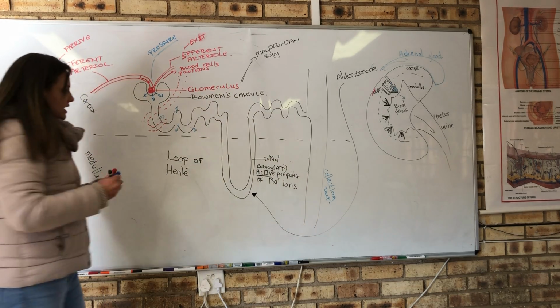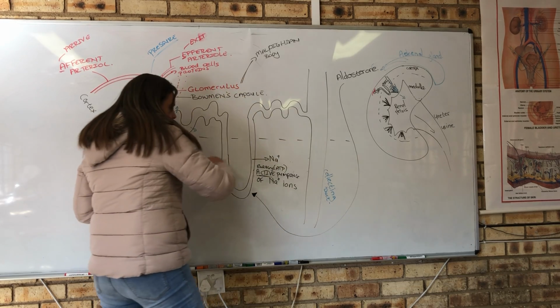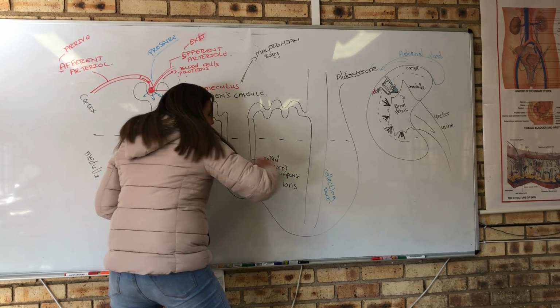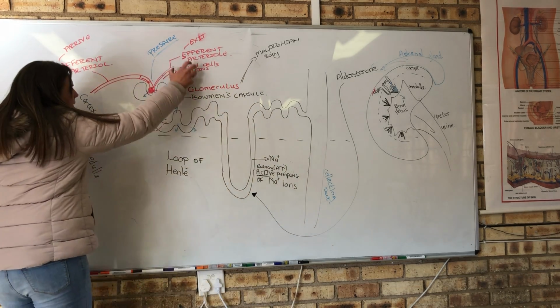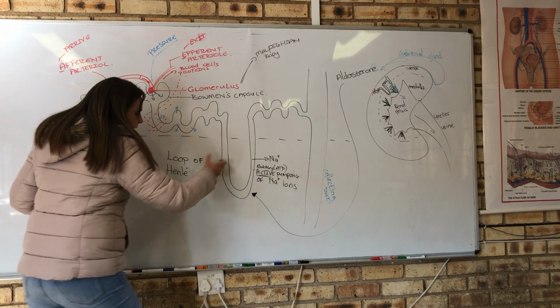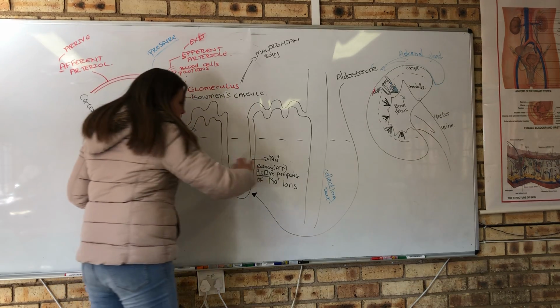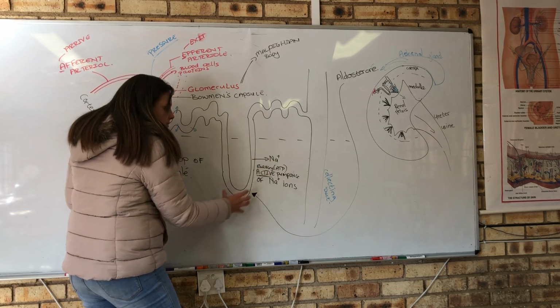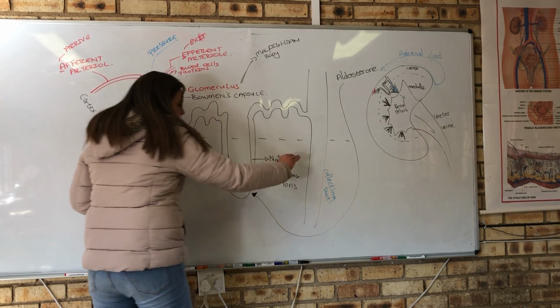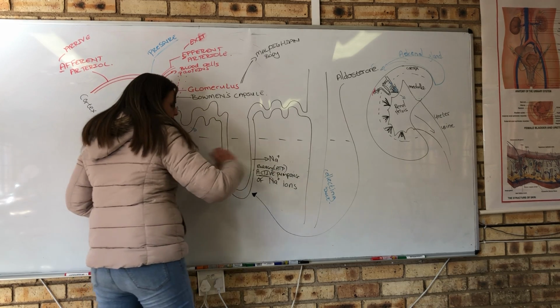So it's forcing Na, sodium ions, to come from the loop of Henle into the blood. Remember, our blood is looping around here. Okay, I'm not adding it because of complexity, but the blood is here, there's a blood supply around the loop of Henle, and we're actively pumping the sodium ions out.